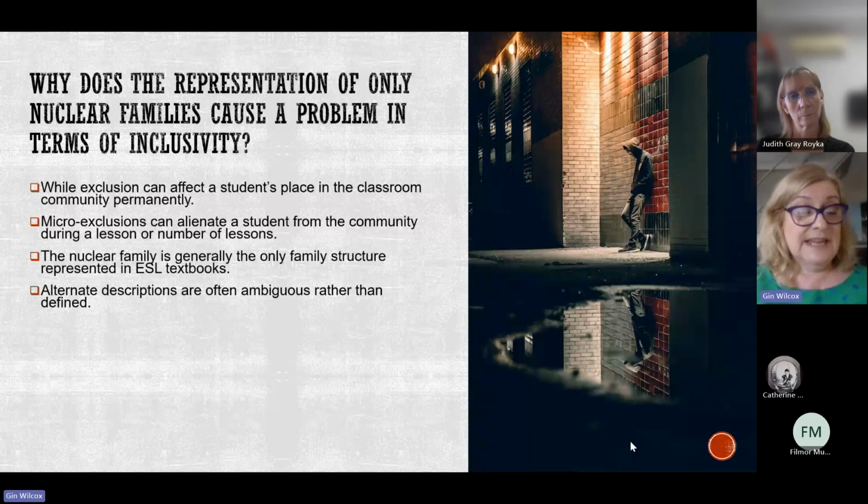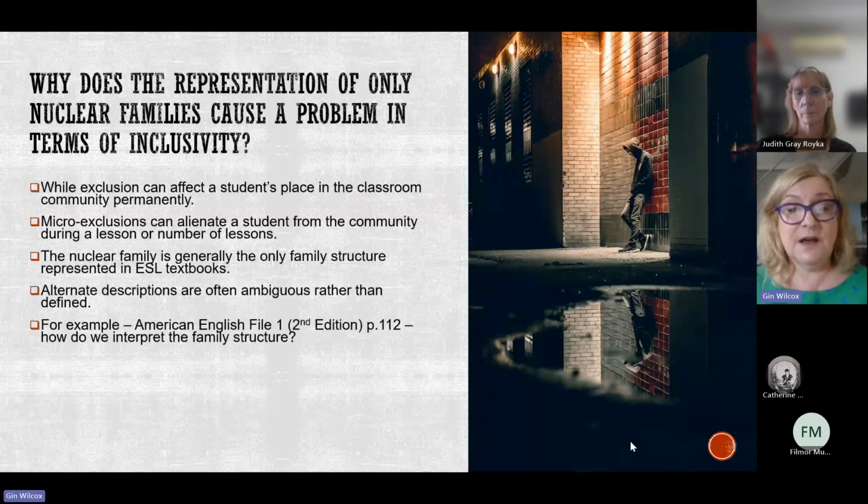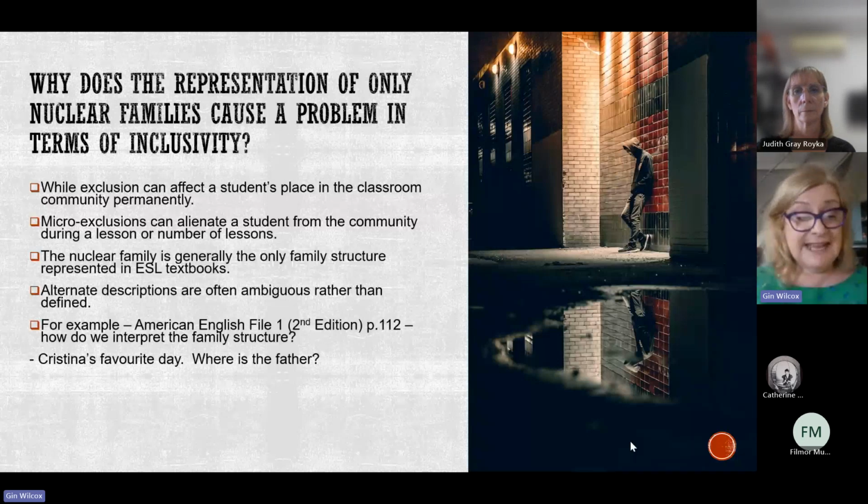For example, in American English File 1, how do we interpret the family structure of Christina's favorite day? She says that she spends lunch with her mother and brother. Is this a single parent family, or where is the father? Is the father at work? Is the father playing golf, for example?